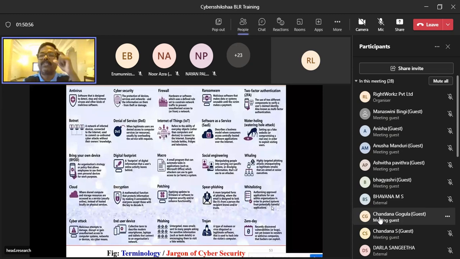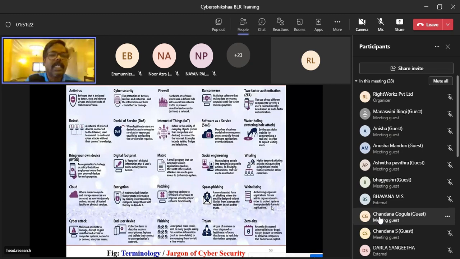Two-factor authentication is the use of different components to verify a user's claimed identity, also known as multi-factor authentication. In the mobile itself, you can use two-factor authentication. First you give your face recognition, fingerprint recognition or PIN number, then after that mobile verification, OTP. That is called two-factor authentication.